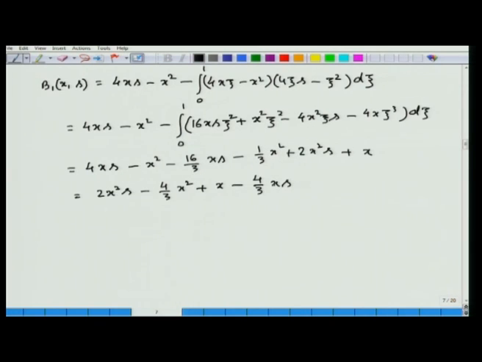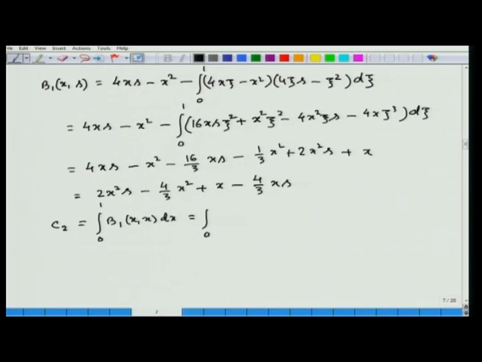So, this is our B1(x, s) that we have calculated, and as we know the expression for B1(x, s), we can calculate C2 equal to integral 0 to 1 of B1(x, x) dx.